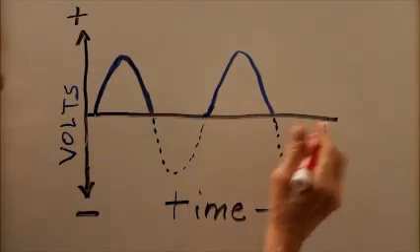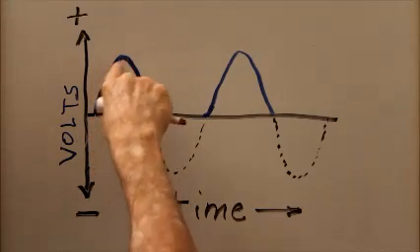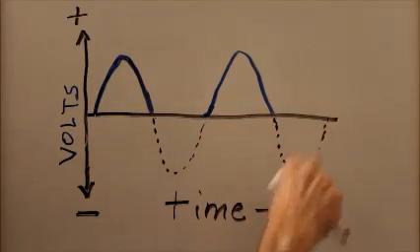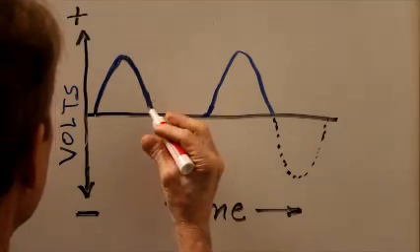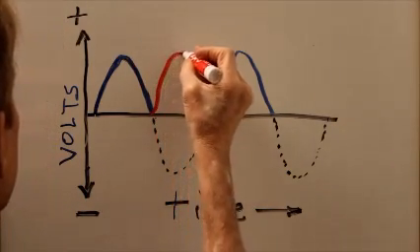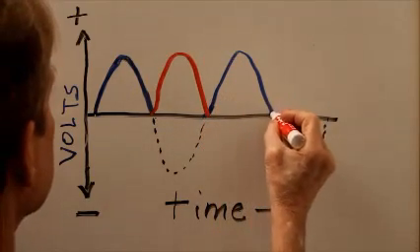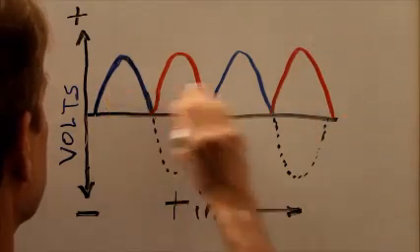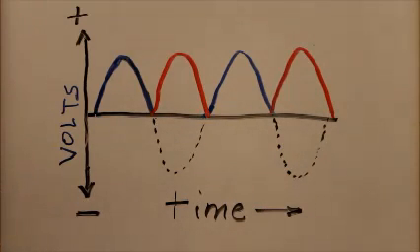Full wave rectification, however, preserves these pulses but also makes use of the negative pulses by turning them upside down and in effect producing twice as many DC pulses per unit time as half wave rectification does.